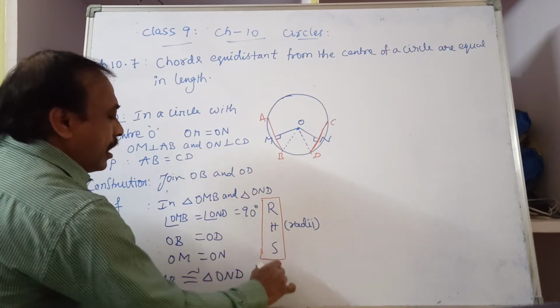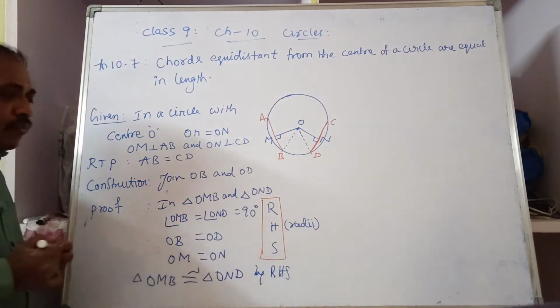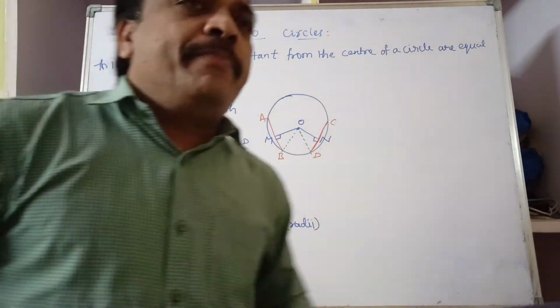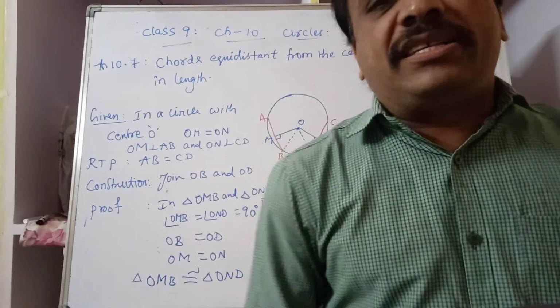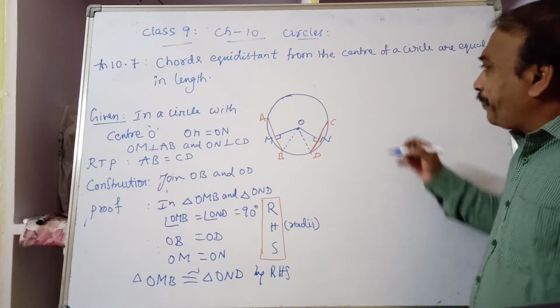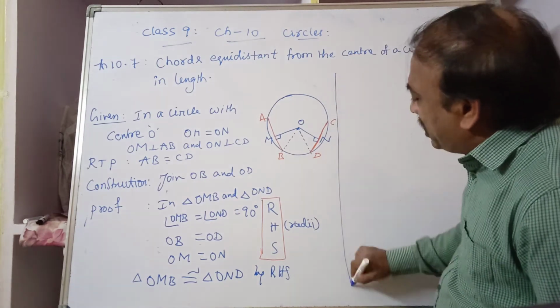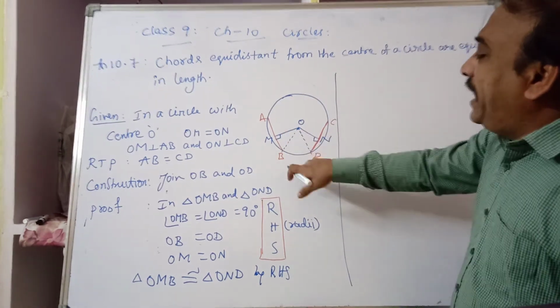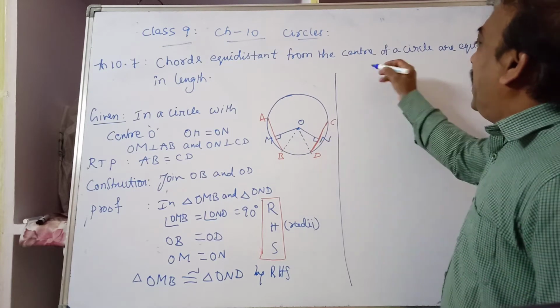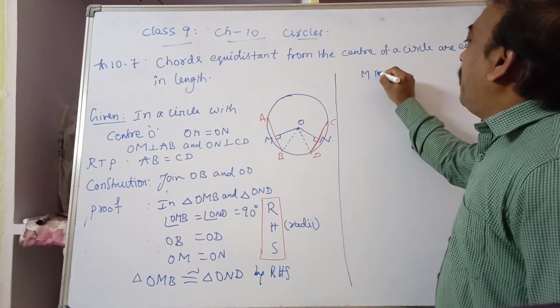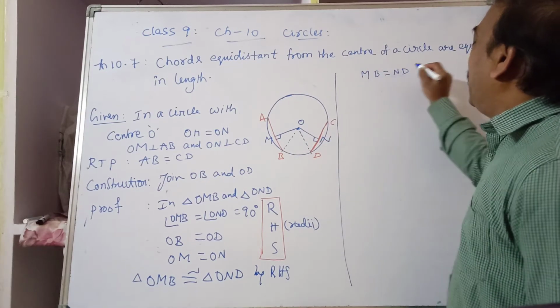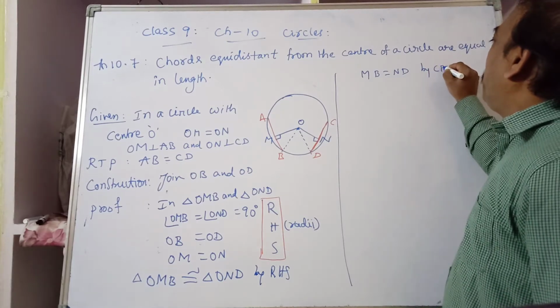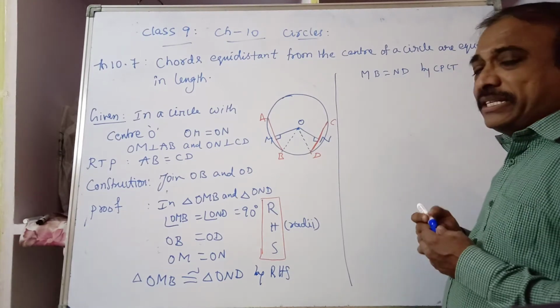Once the triangles are congruent, the corresponding parts are equal. So what are the corresponding parts here? MB is equal to ND by CPCT.